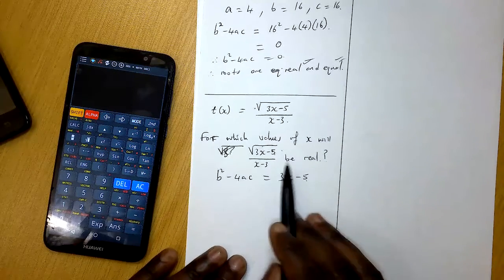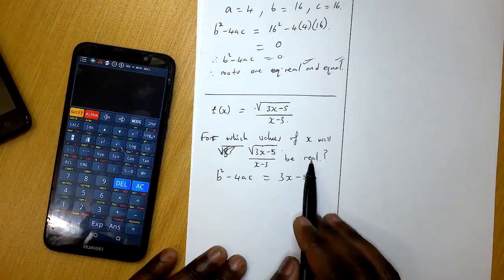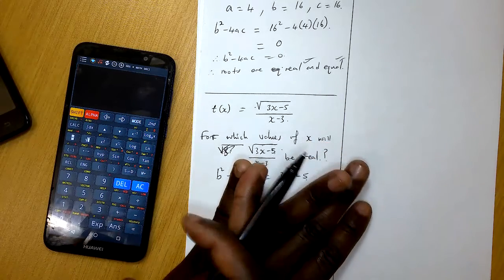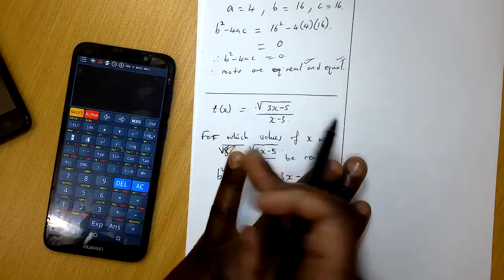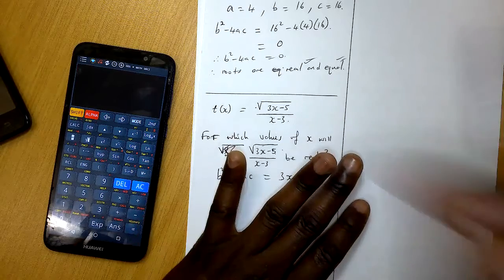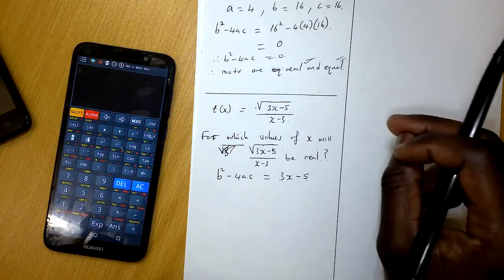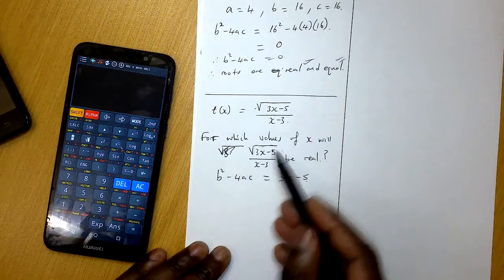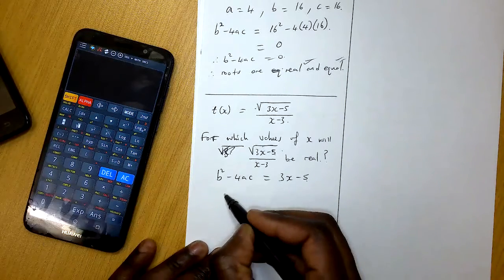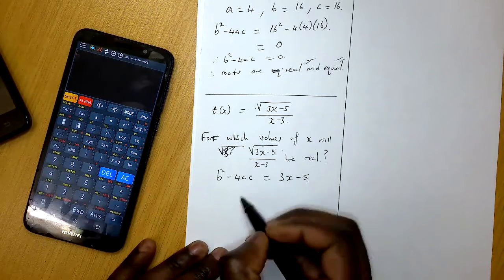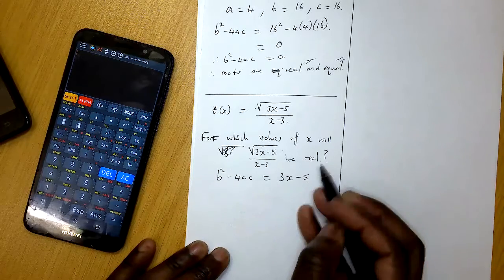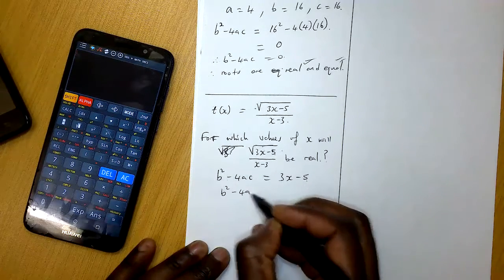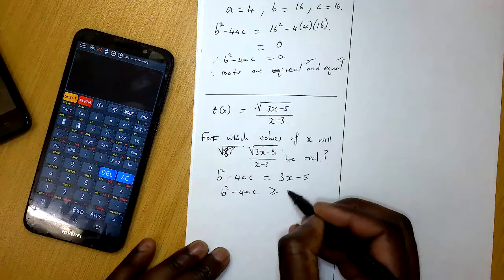Now, for the roots to be real, remember, b squared minus 4ac needs to be greater than or equal to 0, because even if it's equal to 0, the roots are still real. So what does this mean now? It means that b squared minus 4ac must be greater than or equal to 0.